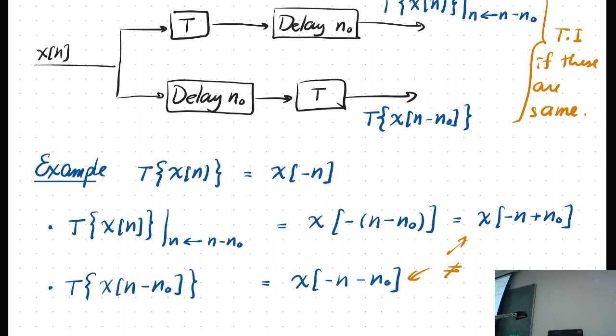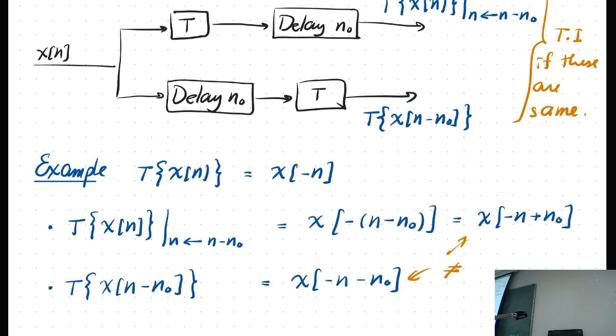Now you may have a question about the lower equation. Why is the negative sign applied only to n but not to n0? That's because of the way the system behaves. What the system does is put a negative sign in front of n only. This is the time.